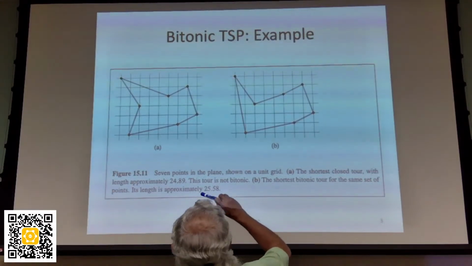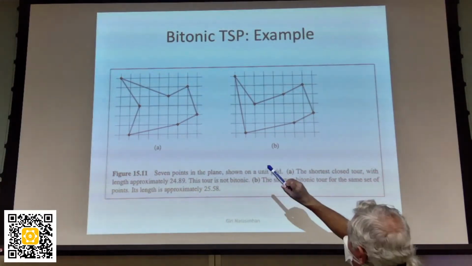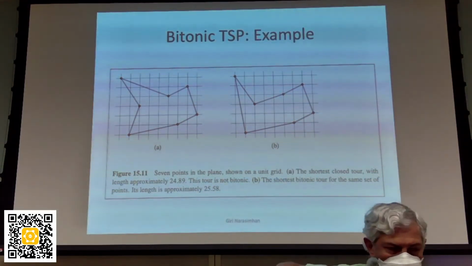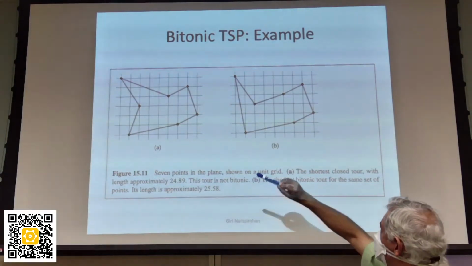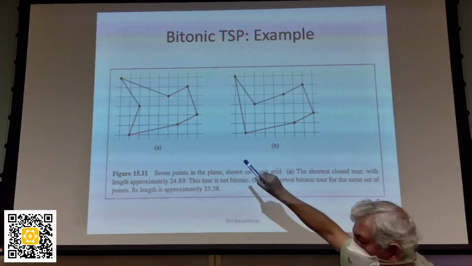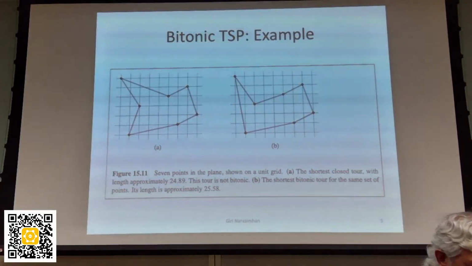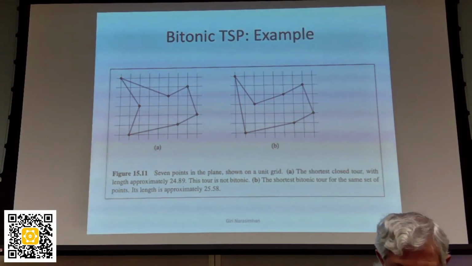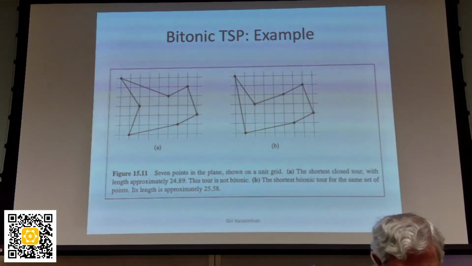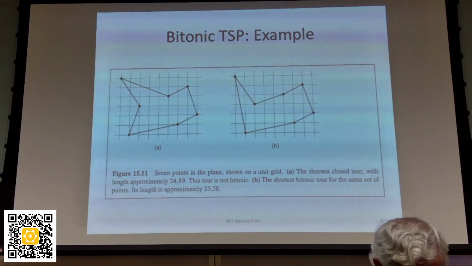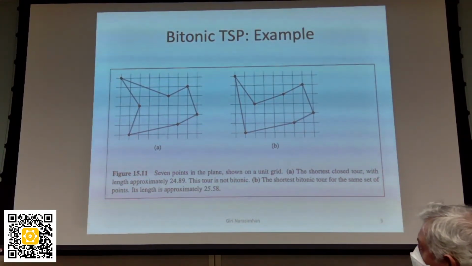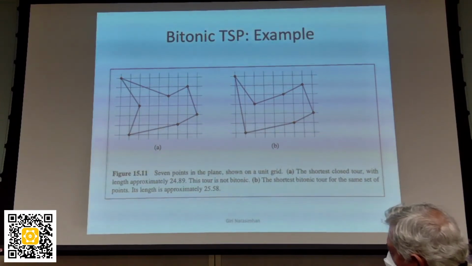The idea is that if you start at the leftmost point, you can only go right, and then you can only go left, and then you should be done. And in those two parts, you should cover all the vertices that need to be covered.